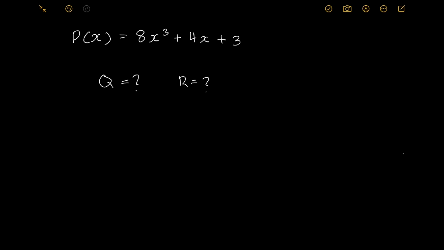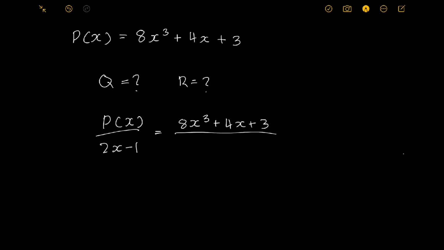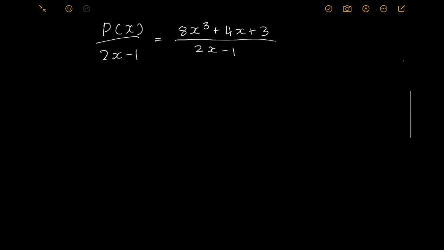P(x) needs to be divided by 2x minus 1. Therefore P(x) is 8x to the power of 3 plus 4x plus 3 divided by 2x minus 1.